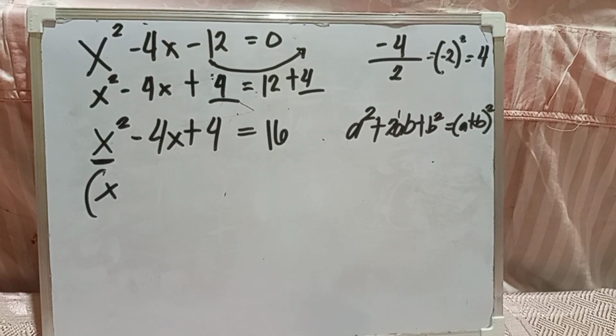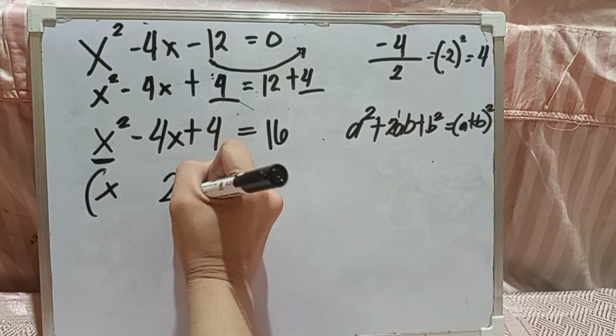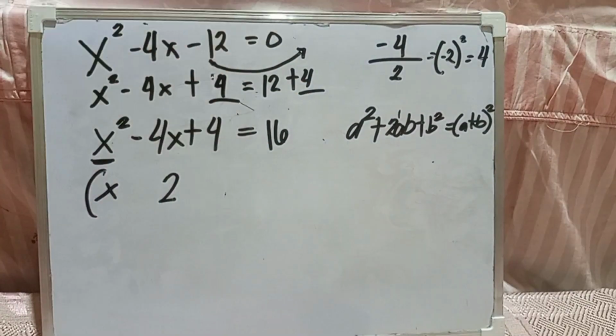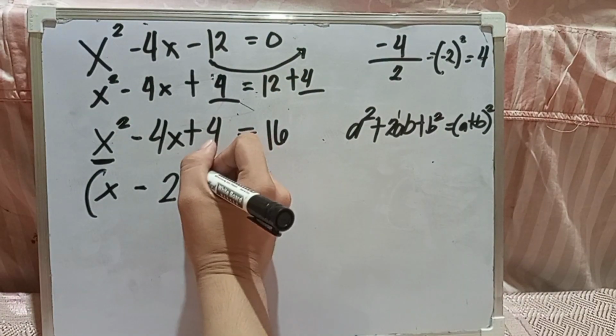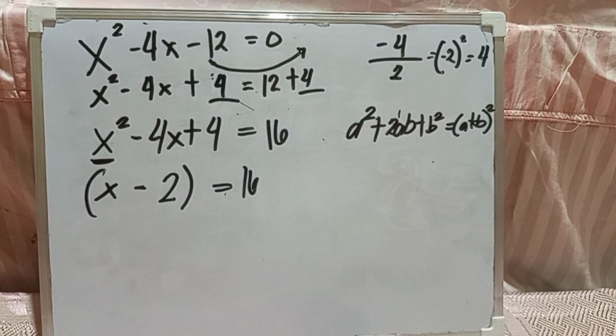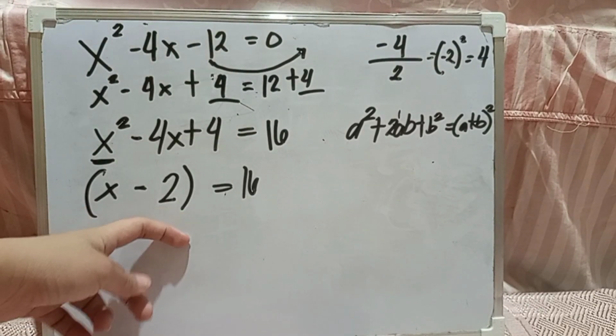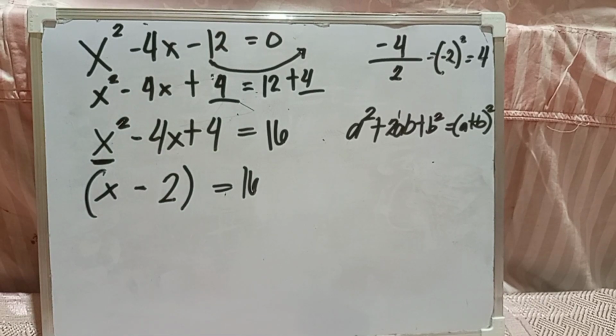Then take the last term, the square root of 4, which is 2. And then copy the sign of the middle term, which is negative. So that is our factor. Our new equation is the quantity of x minus 2 squared is equal to 16.